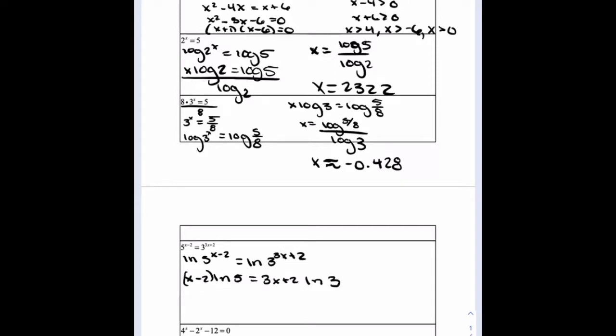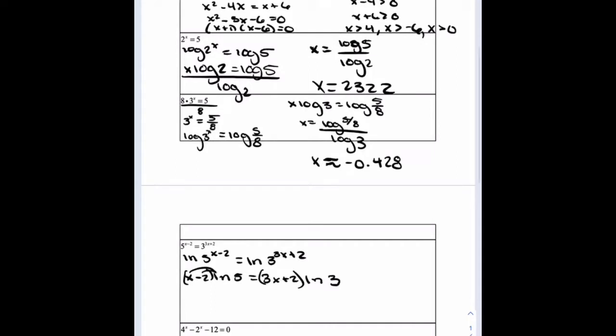I'm going to add parentheses around the x minus 2 and the 3x plus 2, and then distribute what's inside the parentheses to the outside. So here I would have natural log 5 times x minus 2 times natural log 5 equals natural log 3 times 3x, and then plus 2 natural log 3.